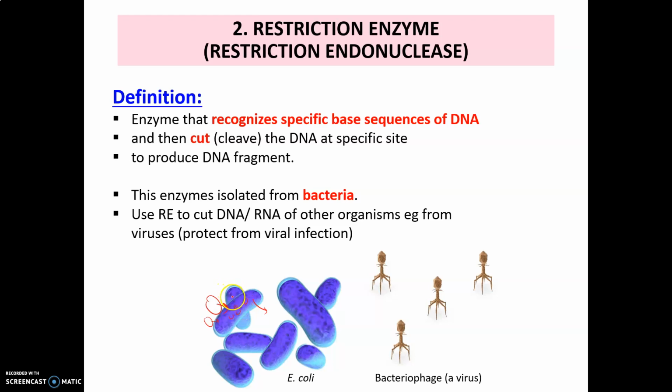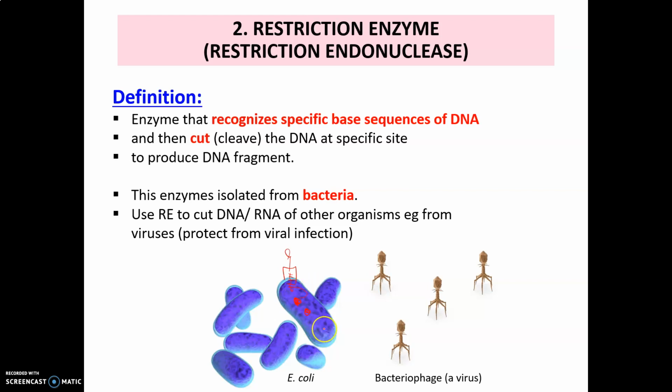So, but then kalau dalam bakteria adanya mechanism of protection, di mana dalam bakteria ini akan ada enzim EcoR1, this restriction enzyme. Bila this bacteriophage inject saja DNA, apa yang berlaku, this enzyme dia akan terus potong DNA of the viruses, prevent replication of the virus.